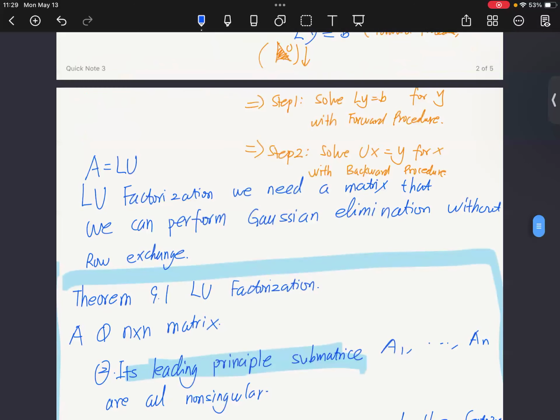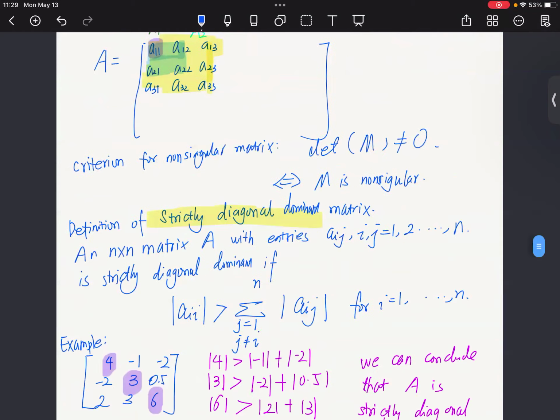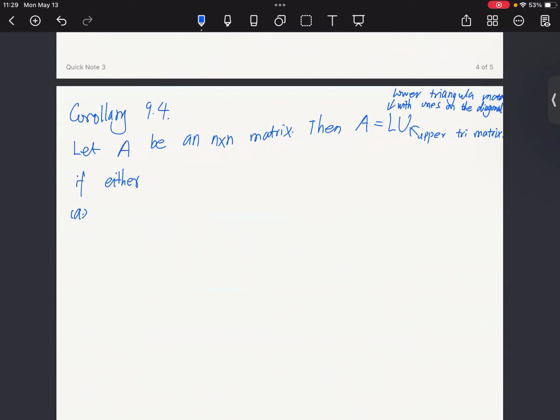This is theorem 9.1, the most general case, and the corollary gives just some special cases. The first case is that A is strictly diagonal dominant. This is the first special case. And the second special case is something you are familiar with: it's symmetric.